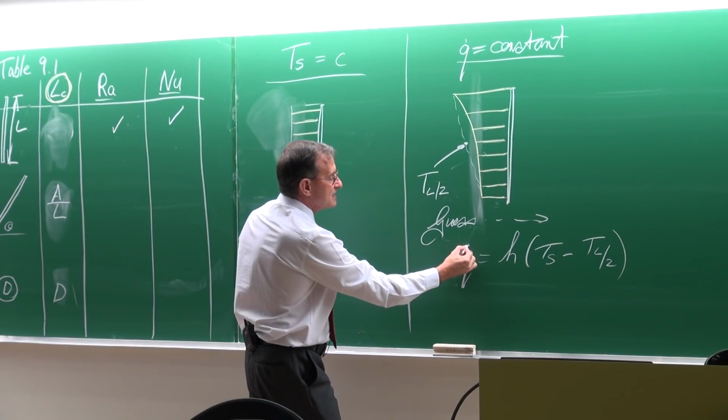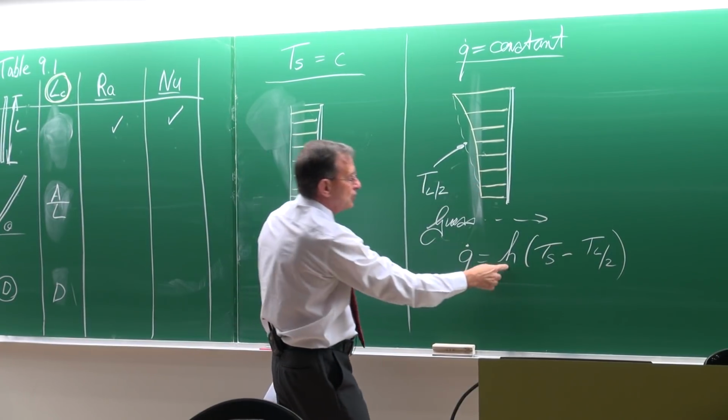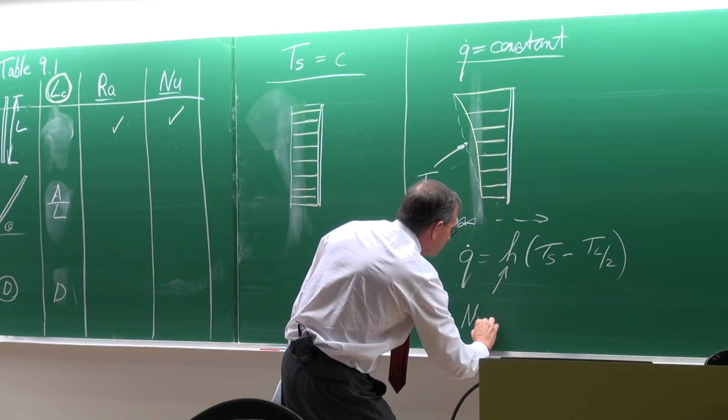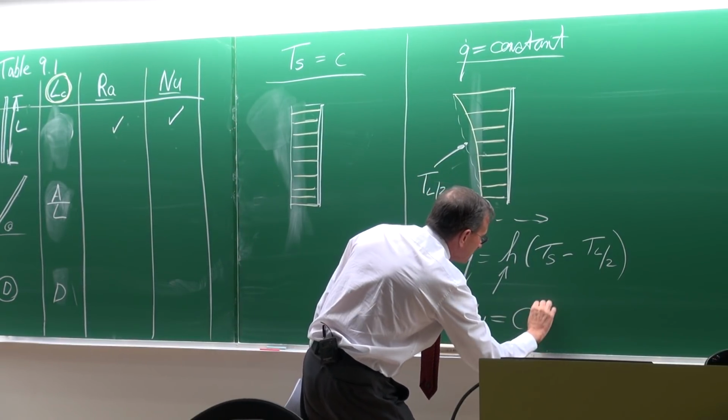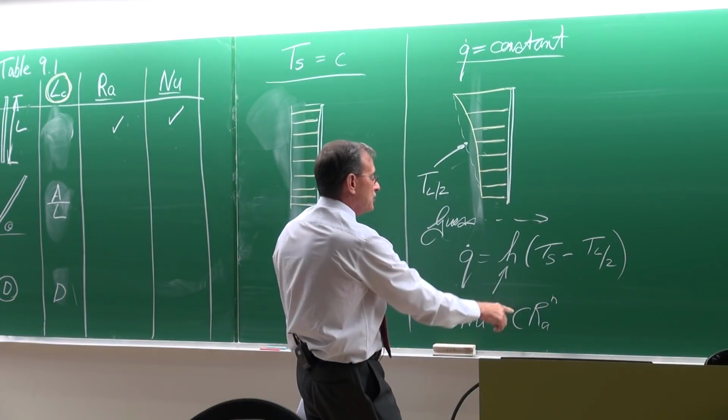Because it's a constant heat flux problem, so therefore it will be given. You're going to get the heat transfer coefficient from the correlation of the Nusselt number is a constant multiplied by a Rayleigh to the n. You're going to get it from there.